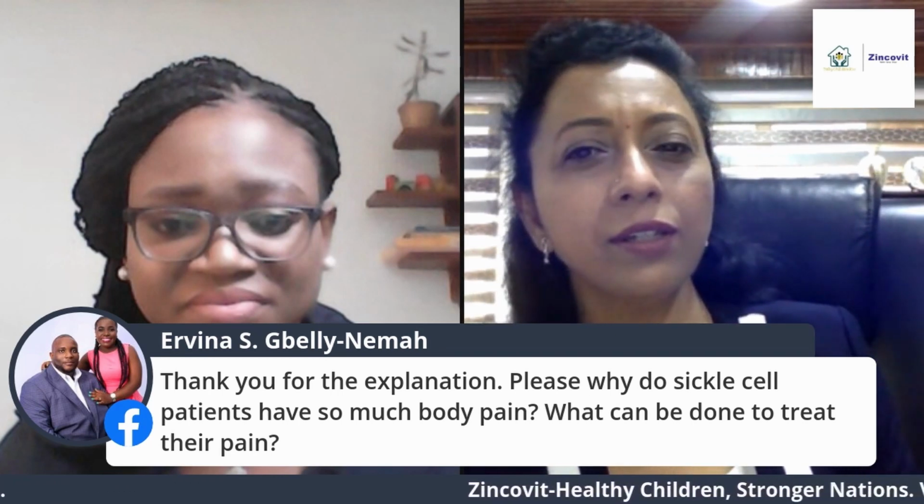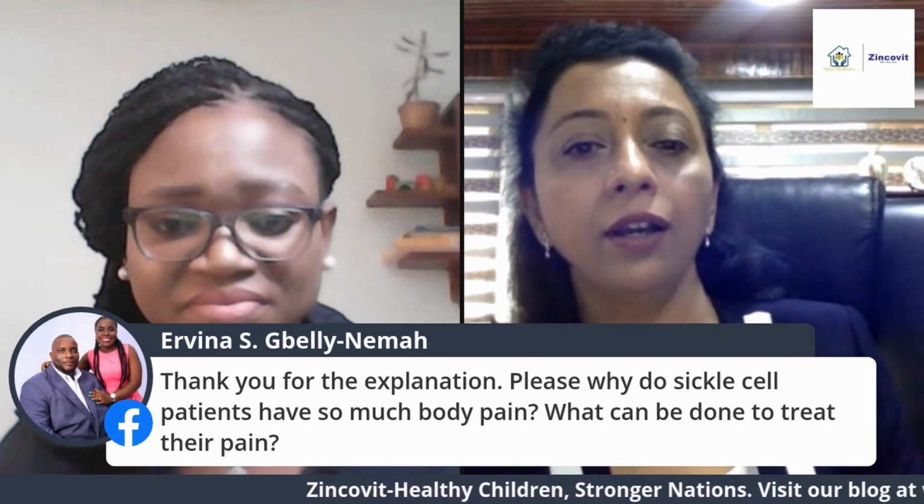So hydroxyurea has been found to be really helpful in preventing those crises, especially in children who are newly diagnosed with sickle cell disease, and also children who have been on hydroxyurea. Currently we have almost 1,300 children on hydroxyurea in our pediatric sickle cell disease clinic at College Teaching Hospital.